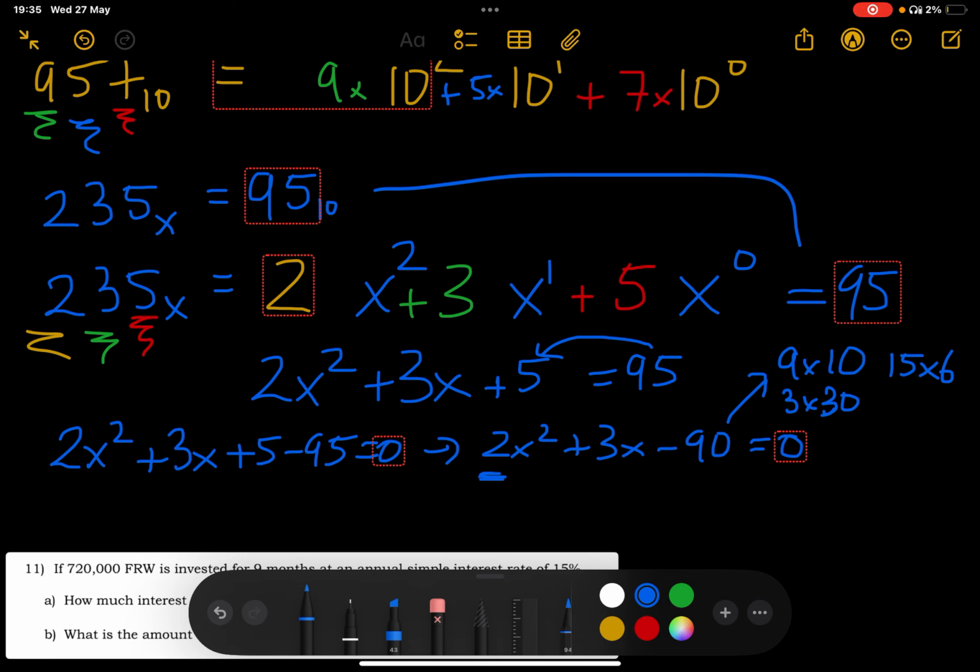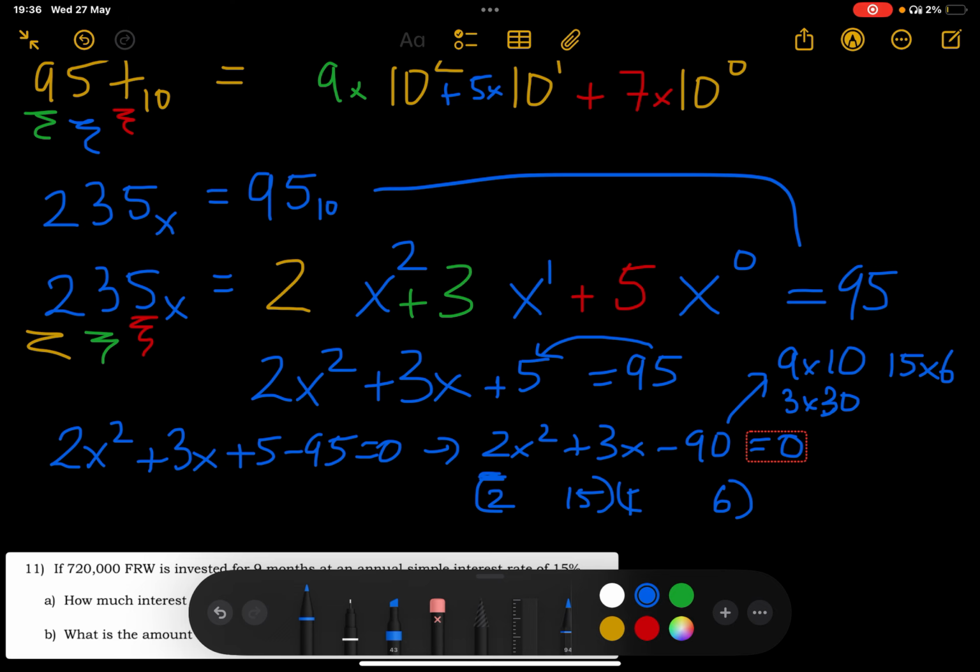You could use the formula, but here we're just going to basically guess and say, okay, we have 15 by 6. We want the 6 to be multiplied by 2 to give 12, right? And then here's 1, so here's x, and we want it to be plus and minus. Okay, equals 0. Oops, we are running out of space.